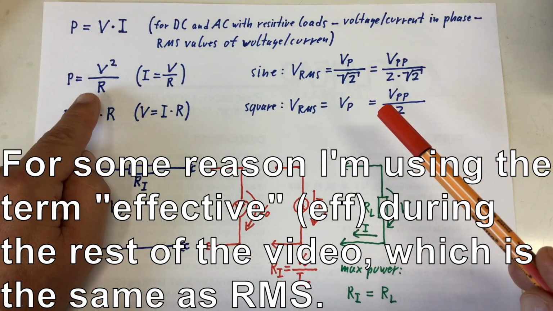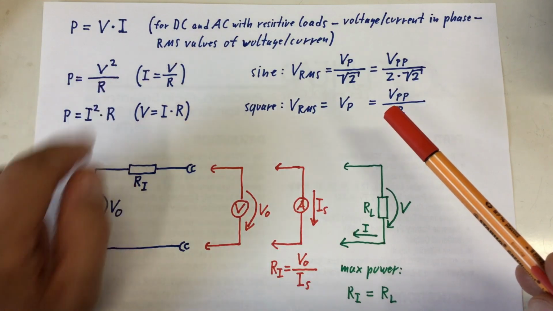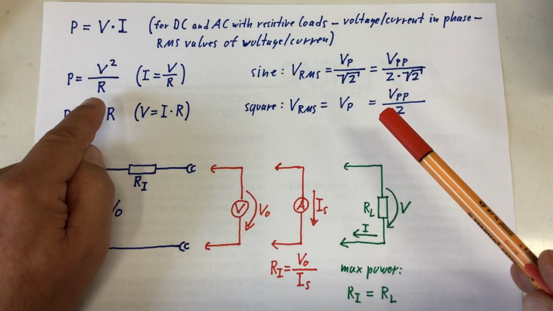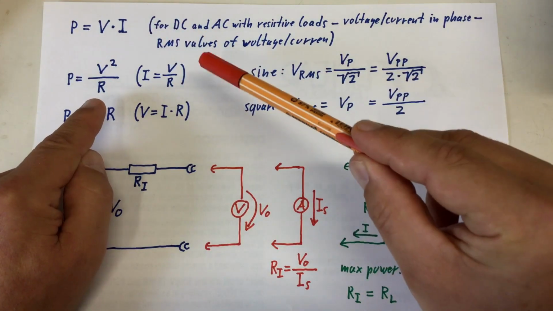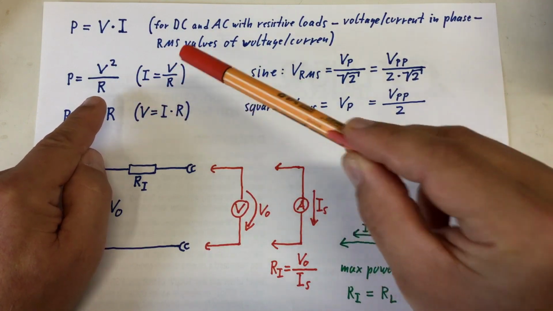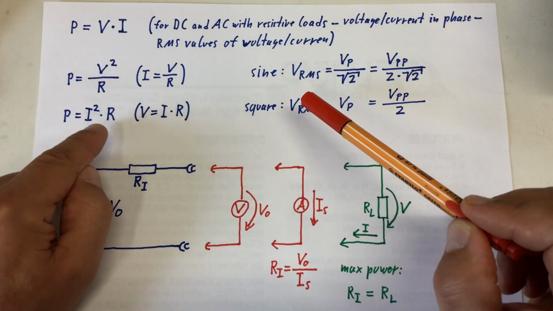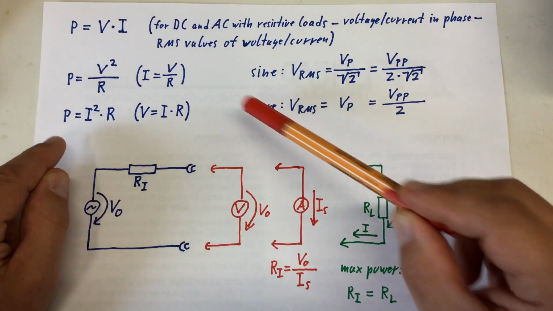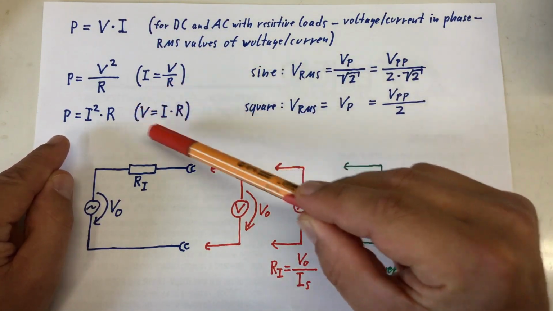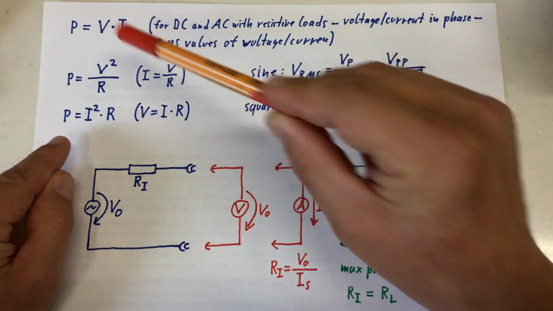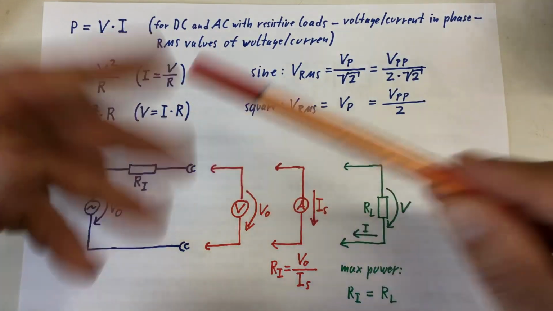But power is also voltage squared divided by resistance. That's simply your power formula with Ohm's law put in. Or power is equal to current squared times resistance. That's again that formula with Ohm's law put in for voltage.